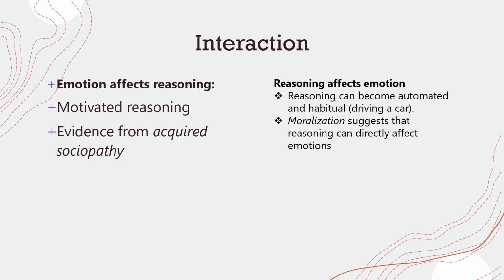So maybe a lot of our reasoning is like that. It starts off conscious and deliberate, and over time it becomes habitual. And then a lot of our reactions might involve reasoning as well as emotion, because our reasoning can become automated and habitual as well. But of course, these automatic responses might not themselves be emotional.